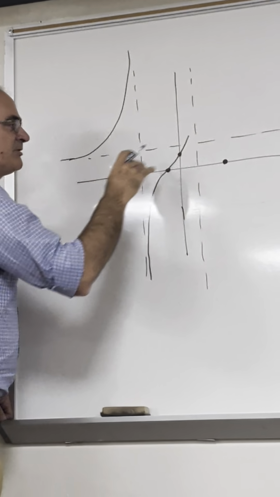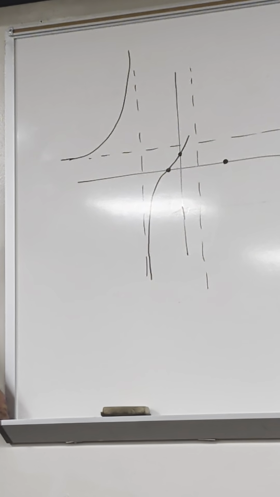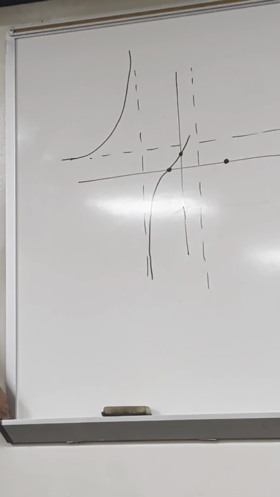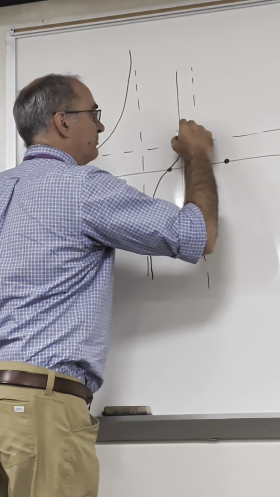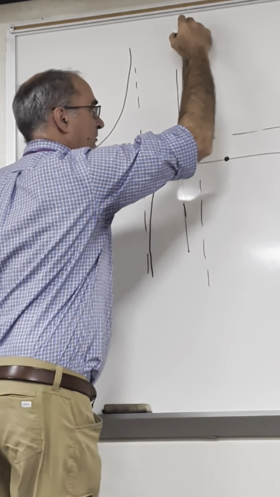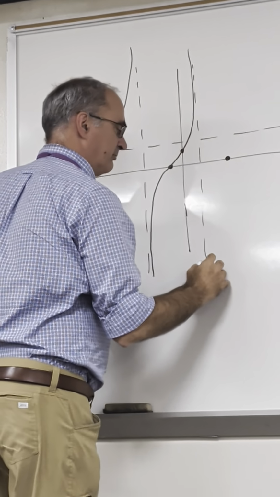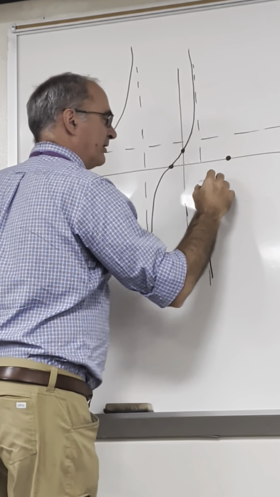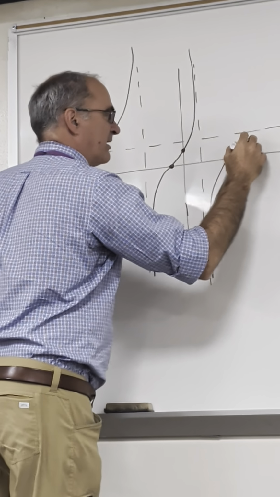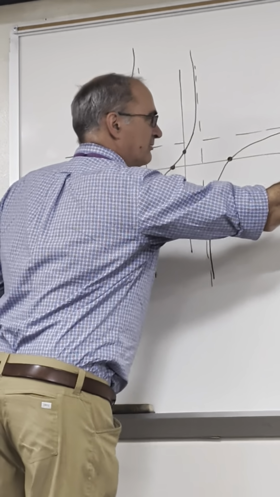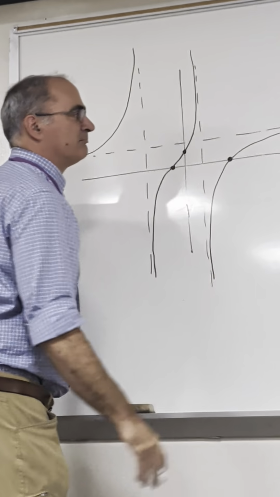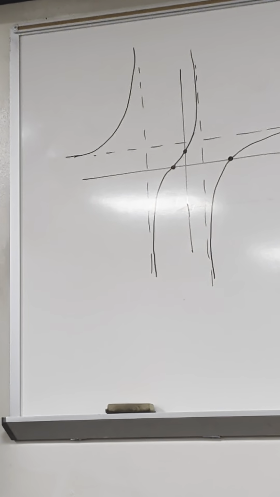Now I'm trapped above. I'm above the axis, so again, I've got to go high. If that side went high, the other side has to come from low. The next thing I see is a point. I pass through. The last thing I see is a horizontal asymptote. I flatten. That is my graph.